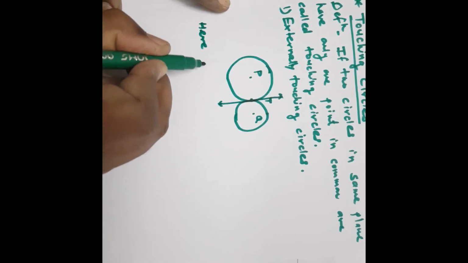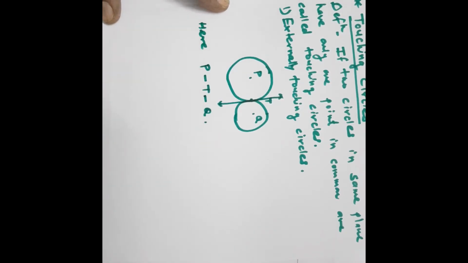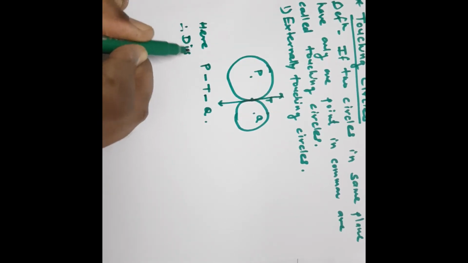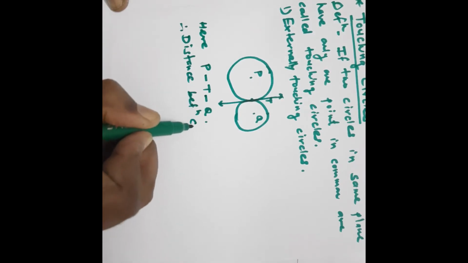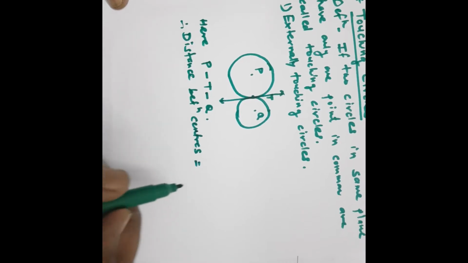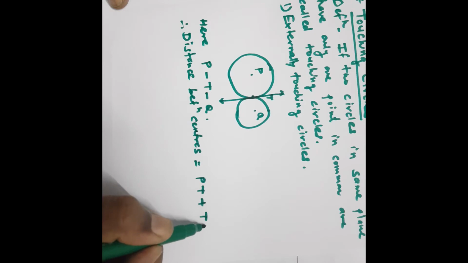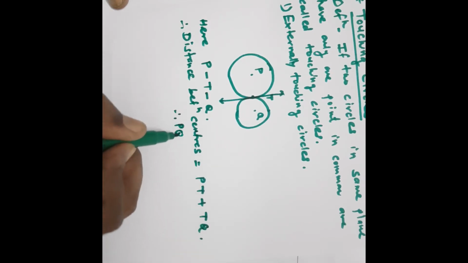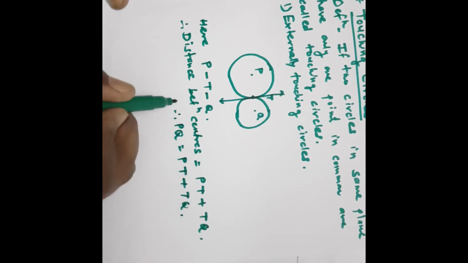Here P, T, Q are collinear, therefore the distance between the centers PQ is equal to PT plus TQ.